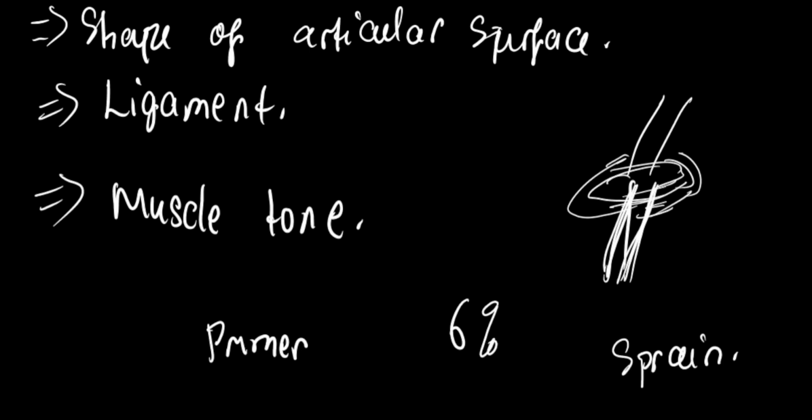The next factor that affects joint stability is muscle tone, and a very good example of this would be the rotator cuff muscles. In the upper limb, we have these rotator cuff muscles that help in stabilizing the glenohumeral joint, which is simply the joint between the glenoid cavity of the scapula and the head of the humerus.